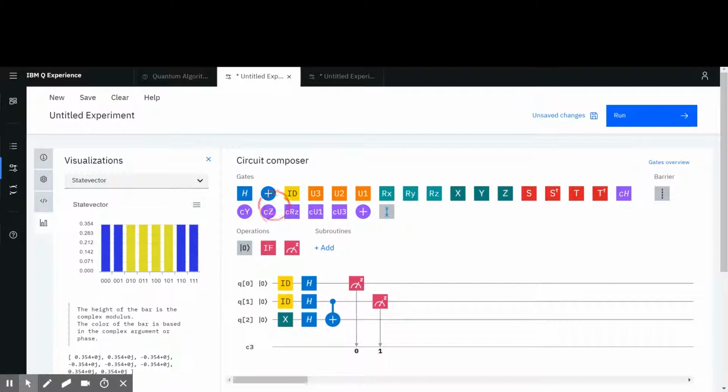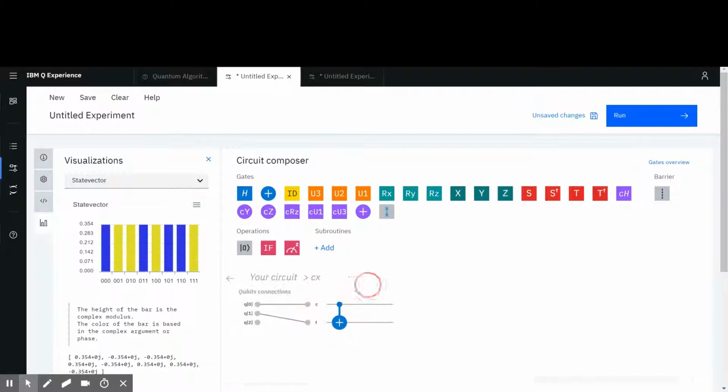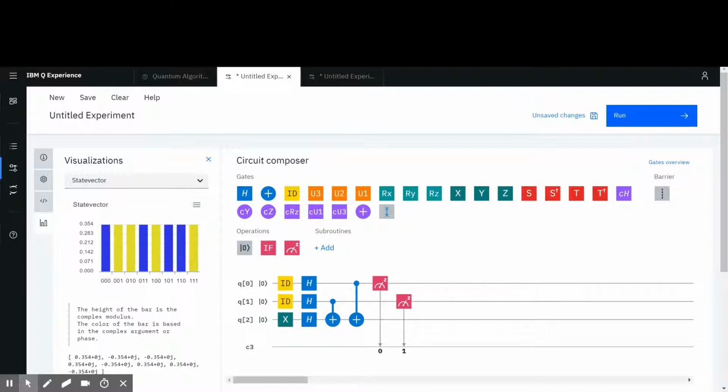And if I now add another one, not this way but this way, what we're saying is do the same for qubit 2 and 1. So it's sort of entangled all the states where it's flagged.